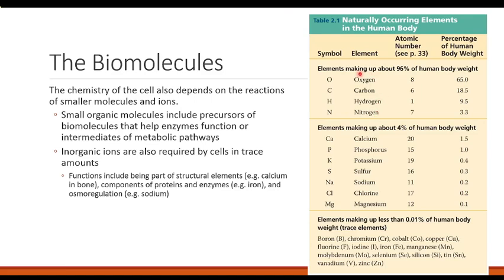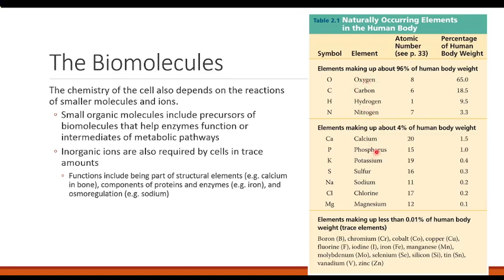It's worth noting that these four elements are also present in the various biomolecules I talked about a while ago. Especially for both proteins as well as the nucleic acids, they have all four of these.